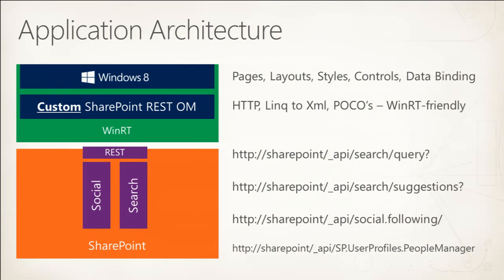So what does our application architecture look like? Within the WinRT environment, we have two primary layers. We have our view layer, which consists of all of our Windows 8 pages, our layouts, the styles, the controls, the data binding. We get a handle on the search pane for the search charm in there. And then we've built a WinRT-friendly wrapper around the REST API.